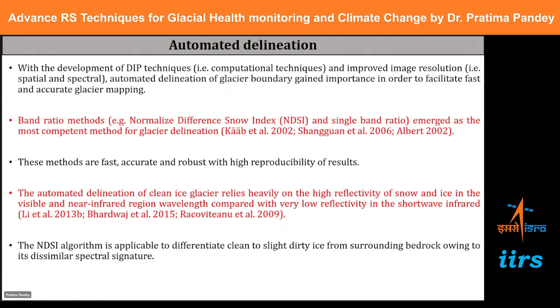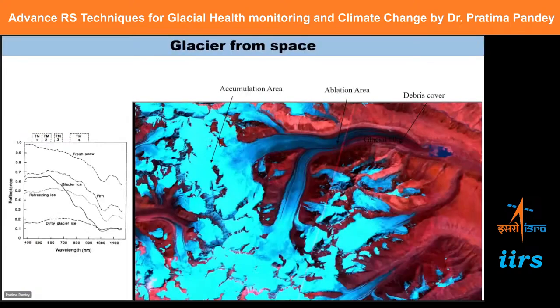Automated delineation methods are methods where we use two contrasting bands. Two contrasting bands means, if you see from this curve, snow, glacier ice, and firn have very high reflectance in the visible region, in the blue and green band.